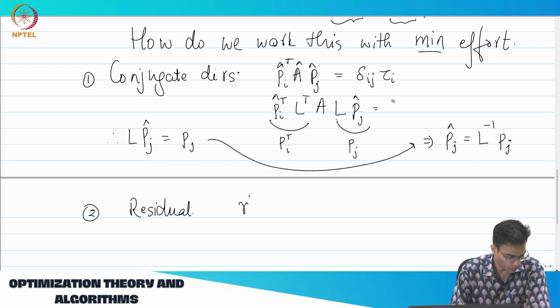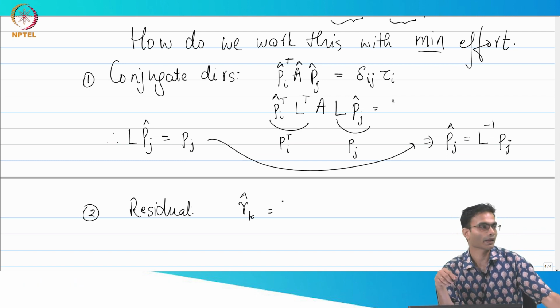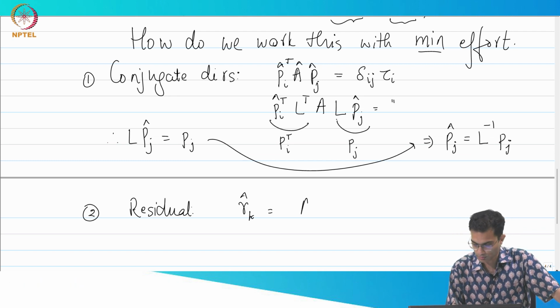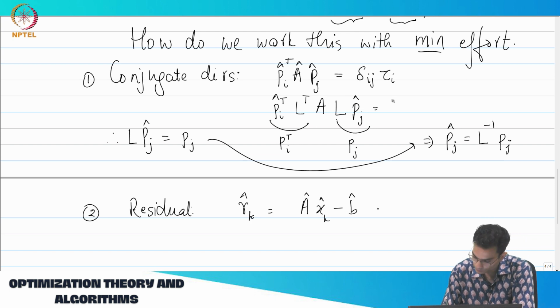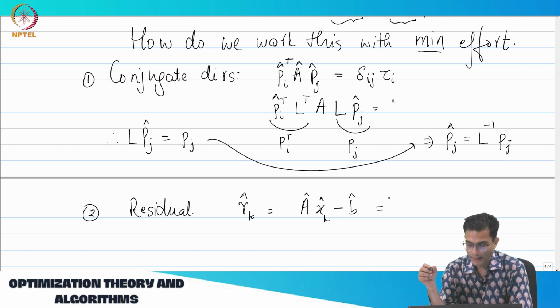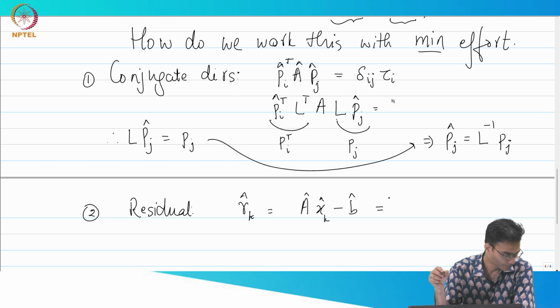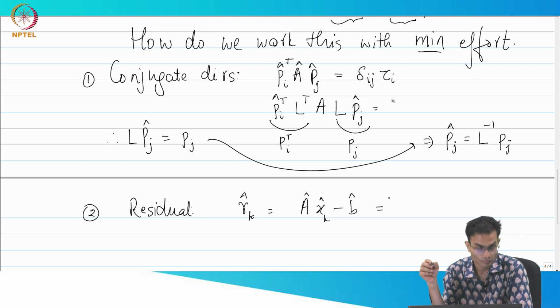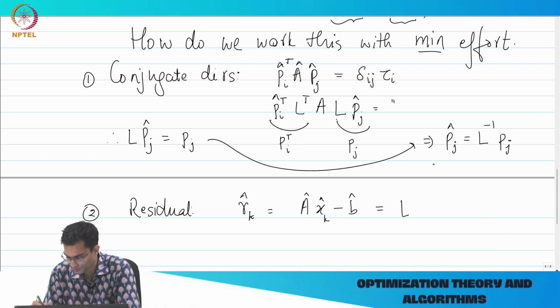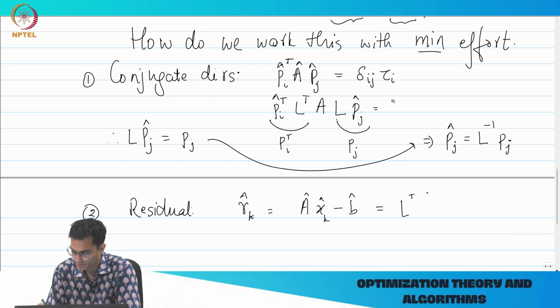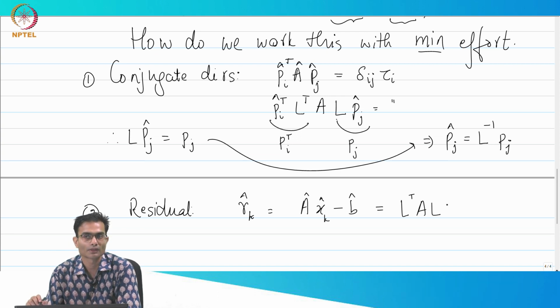Rk hat will simply be A hat x hat minus B hat. What should this be? Exactly, right. Maybe we should just write it out more explicitly. So this is L transpose Al. X hat was what?